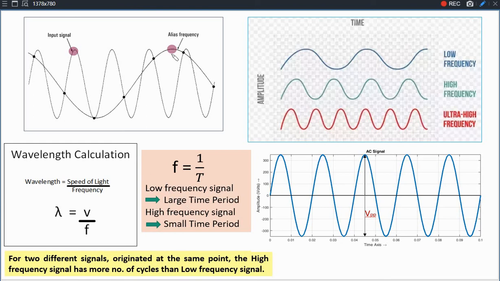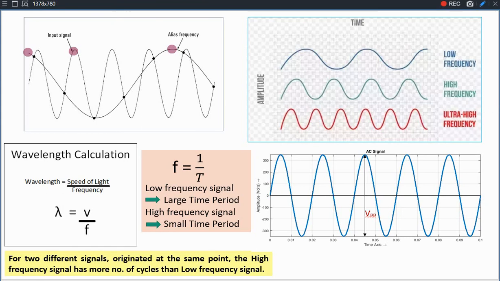In the diagram, from one peak value to another peak value of the alias frequency signal, there is a larger time period compared to the input signal indicated here, which has a peak.